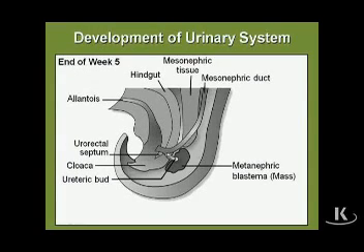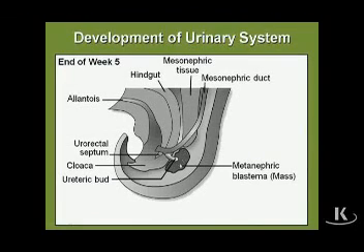Let me call your attention to this little branch right here that comes off the mesonephric duct. It grows out of the mesonephric duct. The name of that branch is the ureteric bud. So it's a branch of the mesonephric duct, and it grows from the mesonephric duct toward the metanephric blastema, or the metanephrogenic mass.